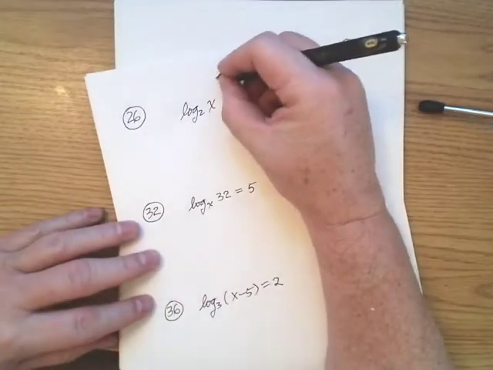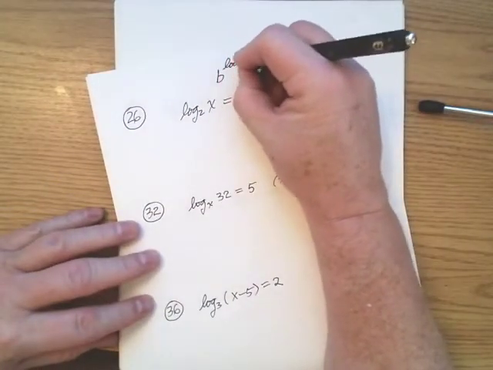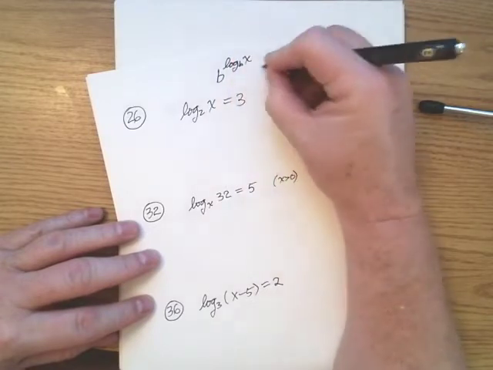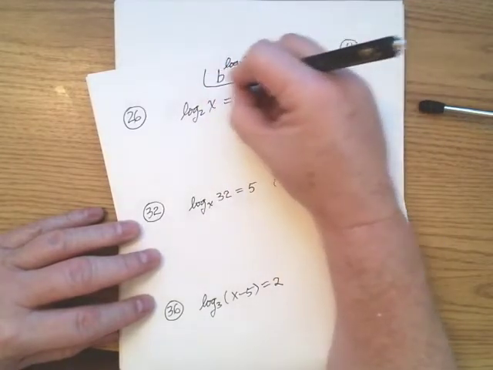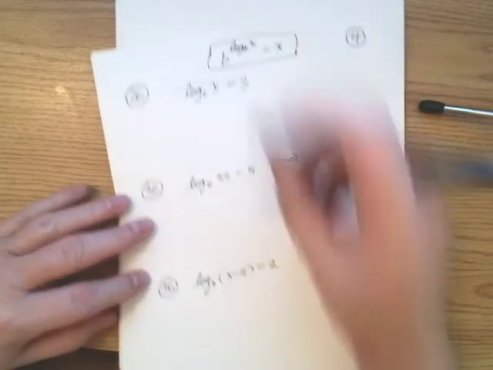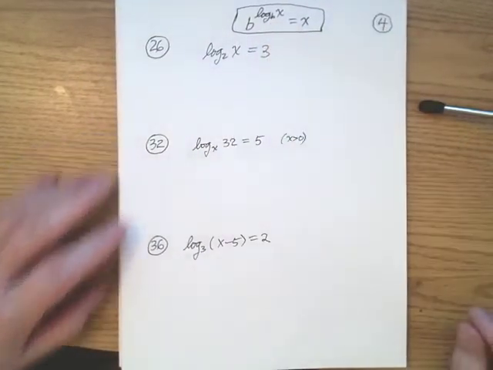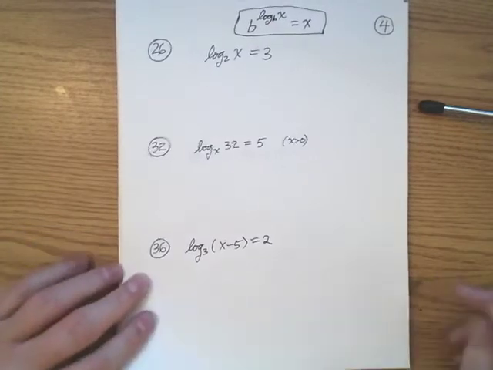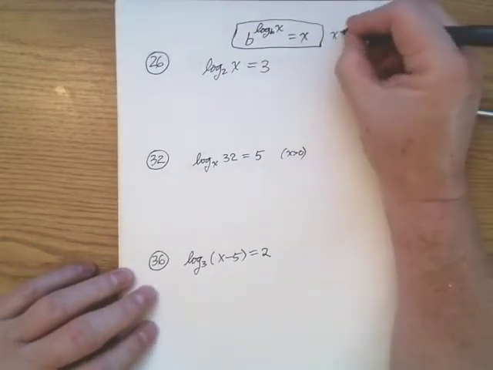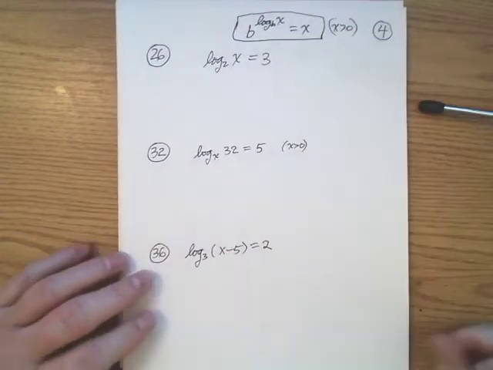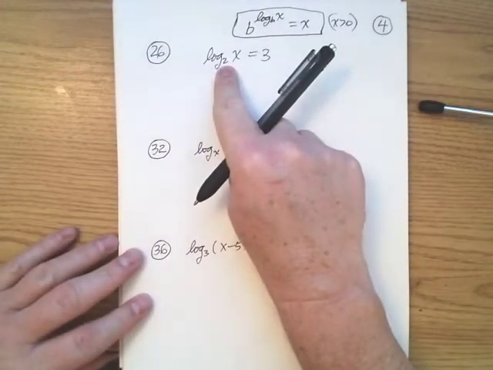Here's another thing. Do you remember this? B to the logarithm base b of x is equal to x. We will use that little principle throughout. We said this could actually be considered a definition of the logarithm base b of x, okay? x has to be greater than 0. Okay, anyway, back to it. Now, b here is 2, right?